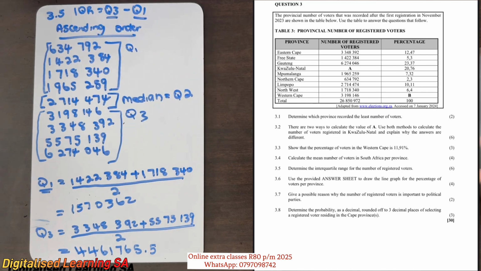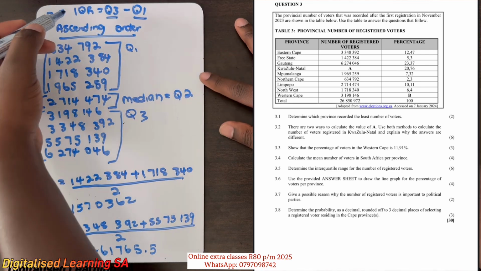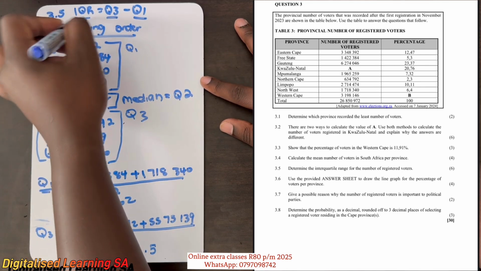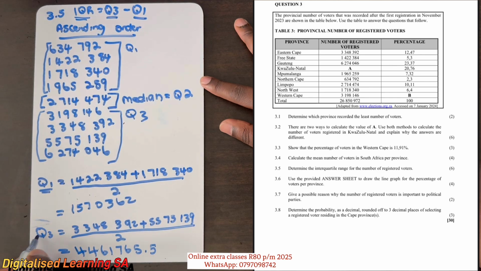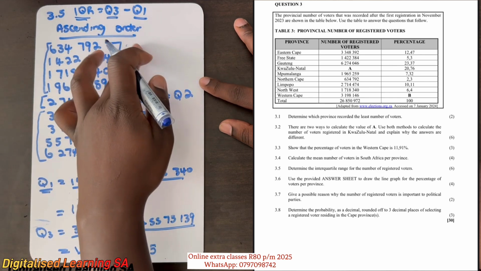So to get our interquartile range, we take Q3 minus Q1.